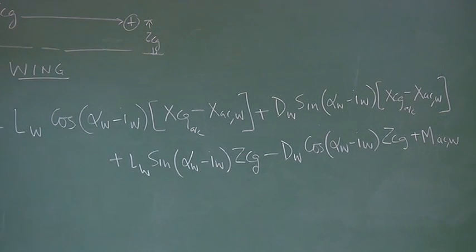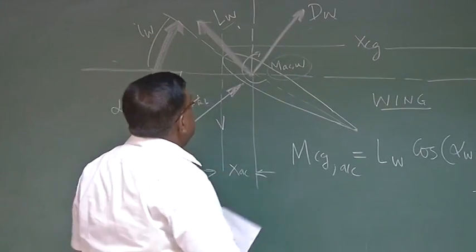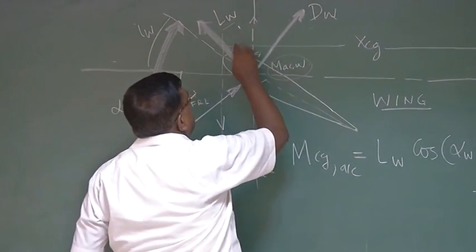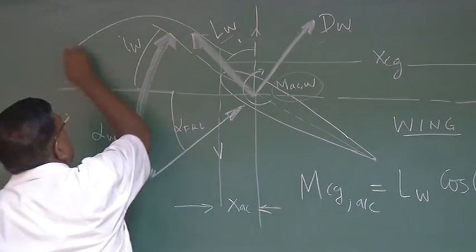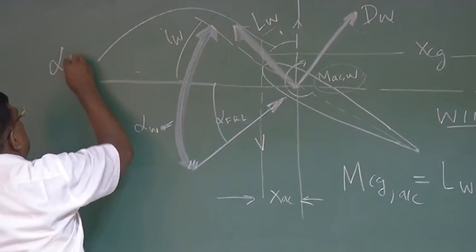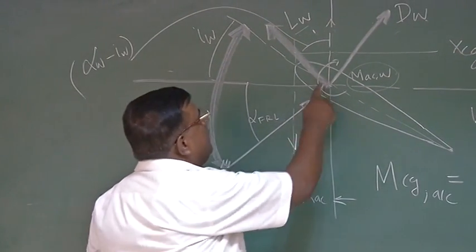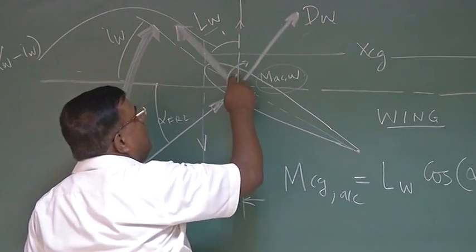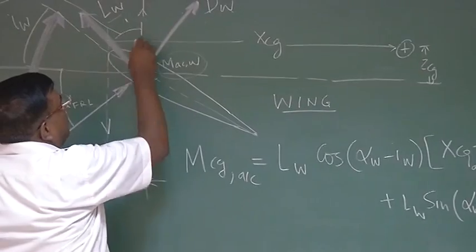Let us see one by one. This LW I can resolve in two components. One component here, that is LW cos of this angle. This angle you could see easily is nothing but alpha W minus iW. So this vertical component is LW cos of (alpha W minus iW), and the moment term is what?